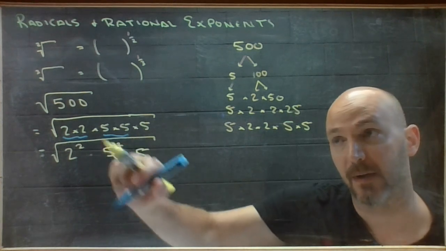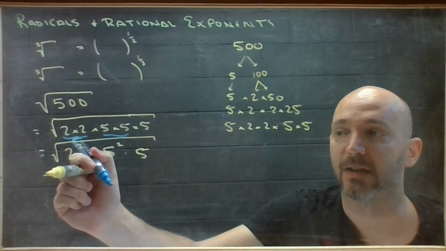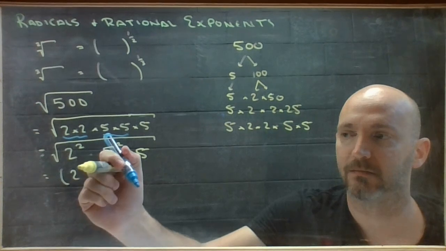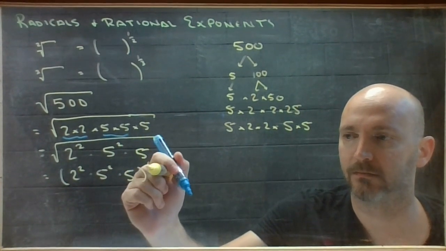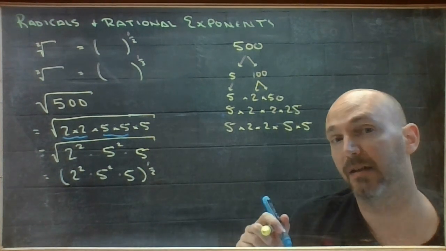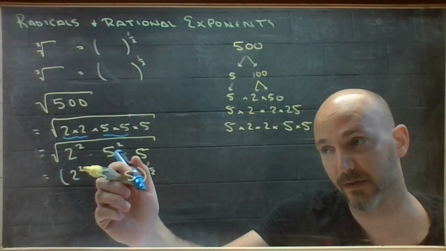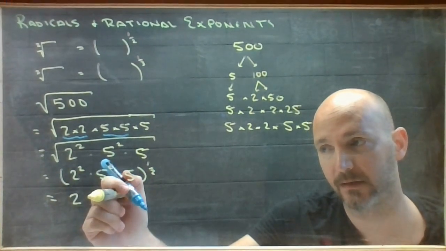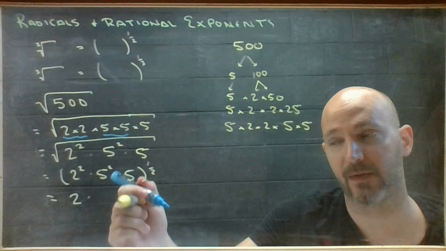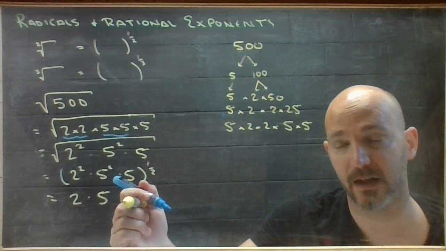And if I write this radical in my fraction notation, I can see by exponent laws that the half acts on 2 squared, leaving 2 behind. The half acts on 5 squared, leaving 5 behind.